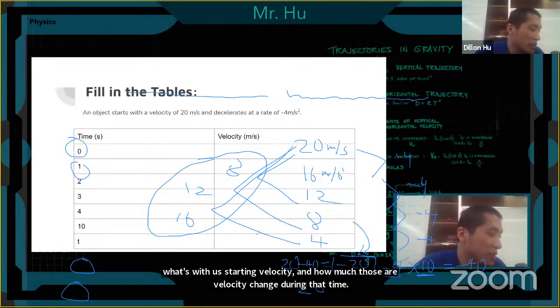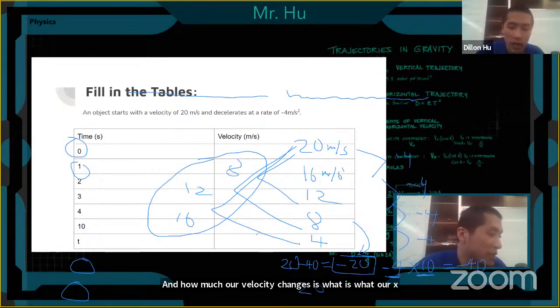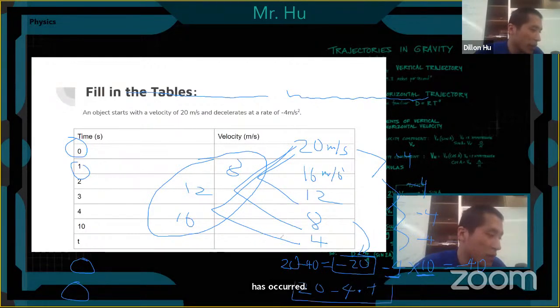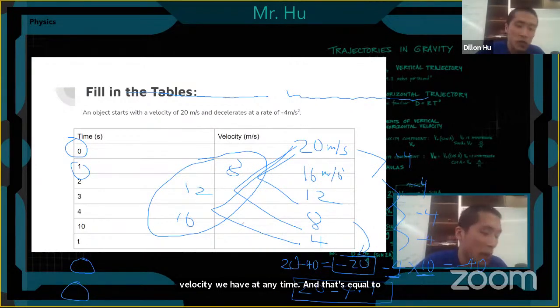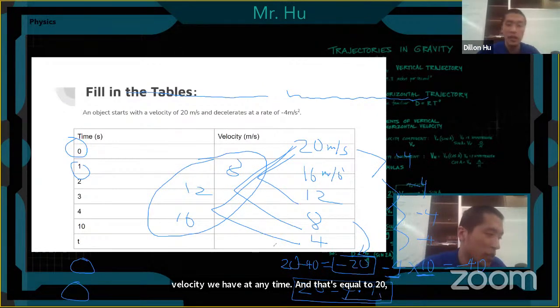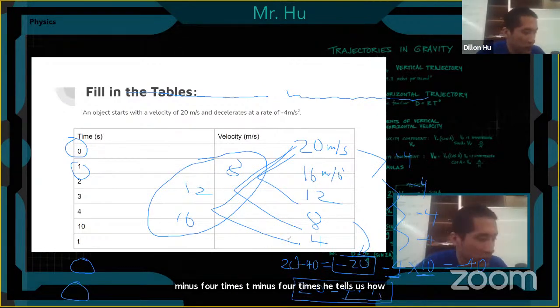How much our velocity changes is our acceleration times how much time has passed. So it decreases by 4 every second, and we multiply this by the number of seconds that has occurred. This formula gives us the velocity we have at any time, and that's equal to 20 minus 4 times t, as 4 times t tells us how much our velocity changes in t seconds.